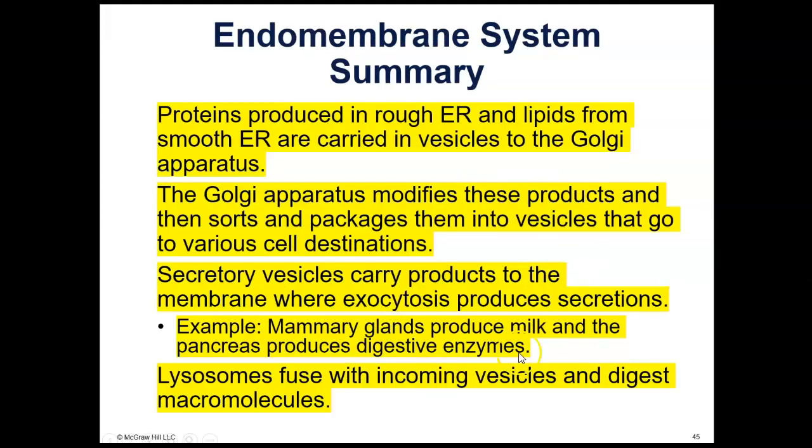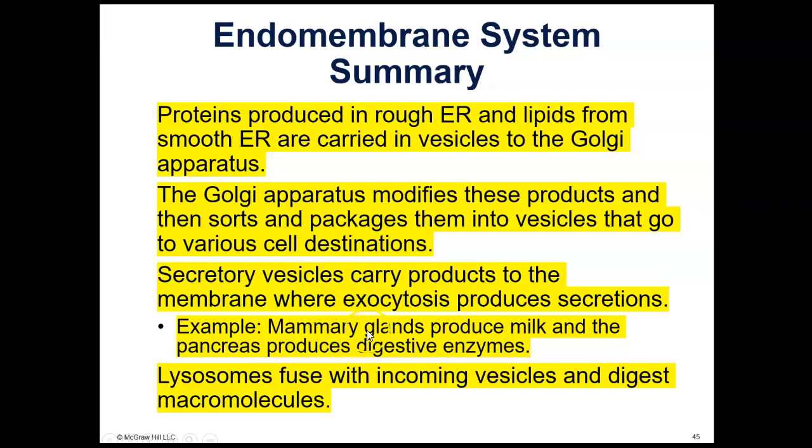This is a summary of the endomembrane system. I'm just going to read this part here. I think hopefully you're starting to see a pattern where it says example. I will highlight these examples because I've seen them on the quizzes in Connect. So this example says mammary glands produce milk and the pancreas produces digestive enzymes.